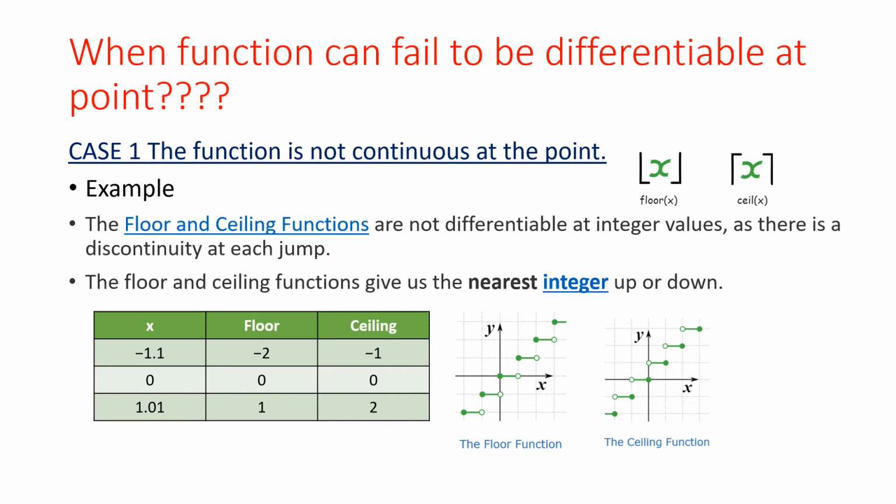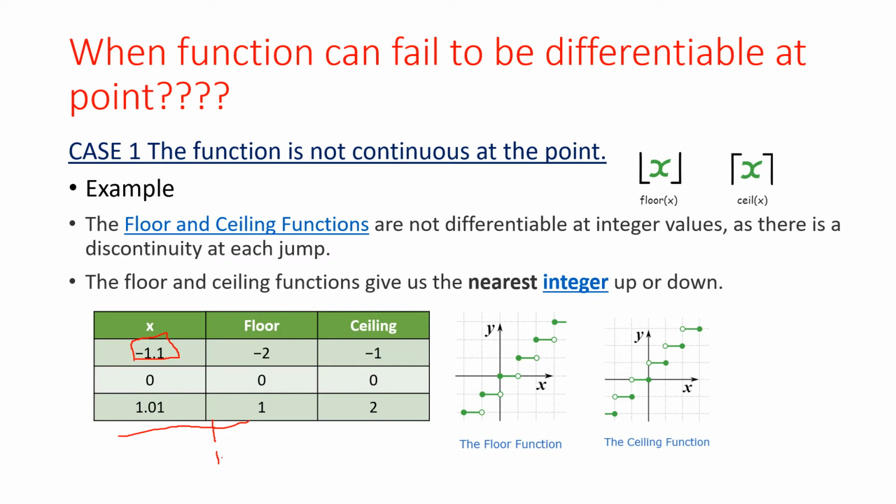Suppose we have the number -1.1 and you want to find its floor function, then you have to just see the number line. Suppose you are here and you just move to the integer on the left.